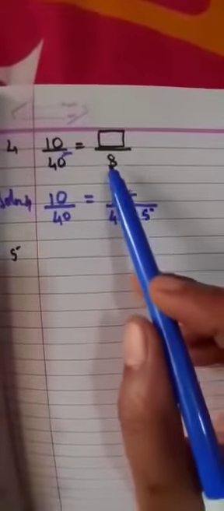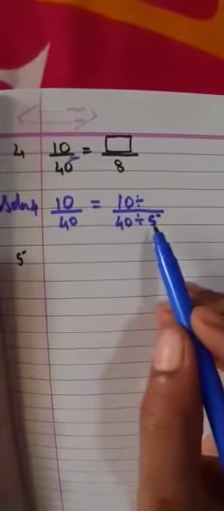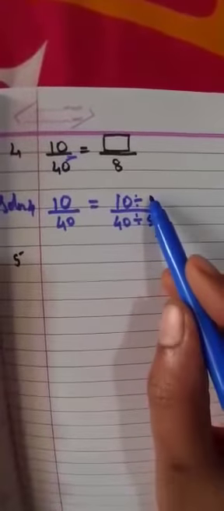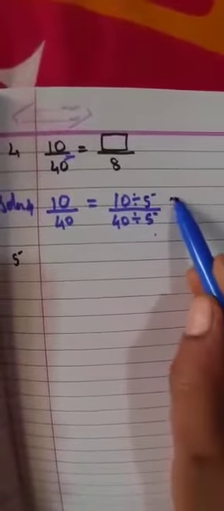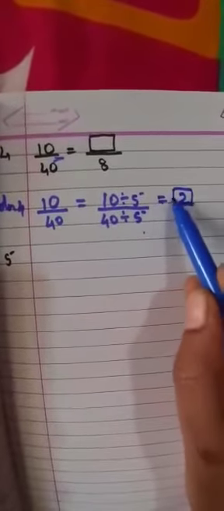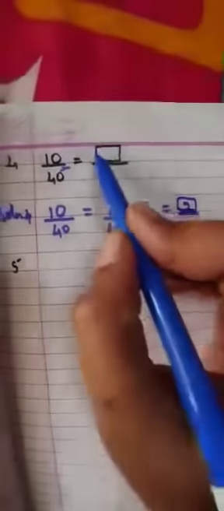We know that 5 8s are 40. If we divide 40 by 5, we get the answer 8. So if we are dividing here by 5, we will also divide here by 5. So we get the answer, when we divide 10 by 5, we get the answer as 2 upon 8. So here the answer is 2. We will write here 2. Understood?